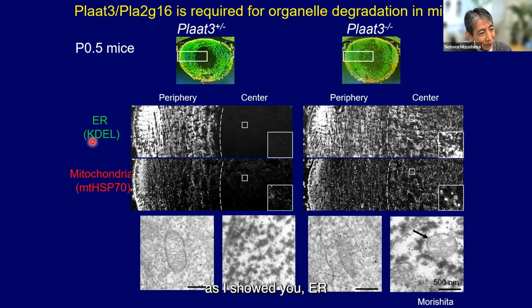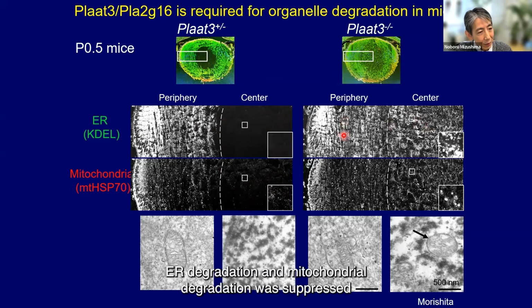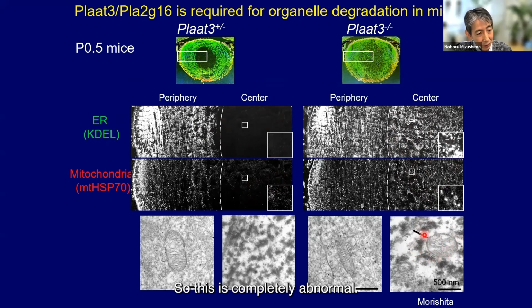As I showed you, ER and mitochondria were degraded in the central region. But in the PLAAT3 knockout lens, ER degradation and mitochondrial degradation were suppressed, and you can see intact mitochondria even in the central region. This is completely abnormal. So the function of PLAAT in the lens is conserved in vertebrates, in mice.